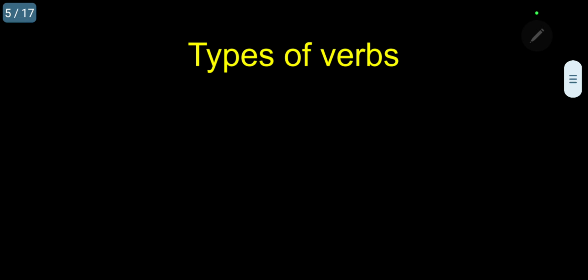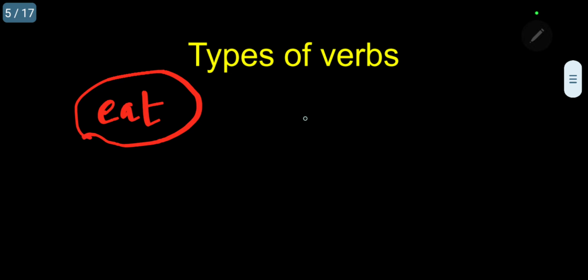Now, for example, suppose I give an example this way. Eat is a verb, so it is a main verb. This is a finite verb, mutru vinai.